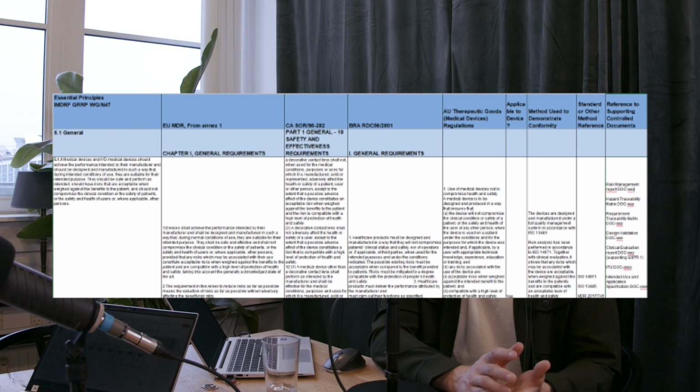There is a lot of overlap between the two. For those clients that are in several markets, we tend to have them together, depending on how their QMS is built up. But this document is where you go into each of the requirements and then state what documents you have made in order to conform to these requirements.